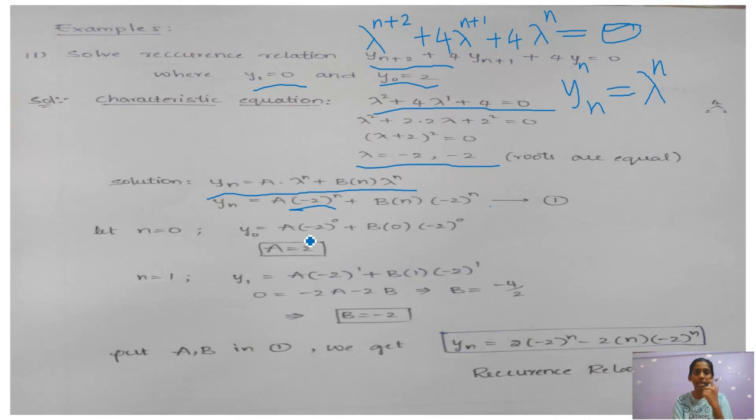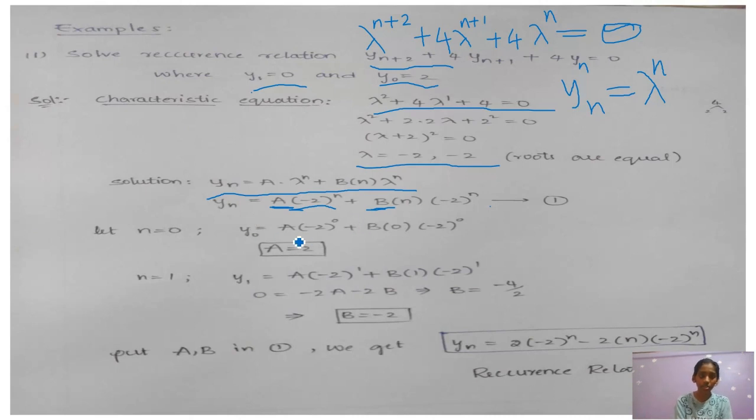Now we'll be finding a and b, which are constant coefficients, and write the final recurrence relation. To find a and b, in the question it is given that y1 is equal to 0 and y0 is equal to 2. So we'll be keeping n is equal to 0 in equation 1.